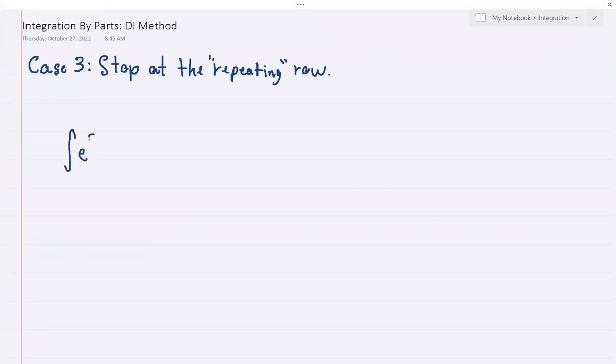The integral of e raised to 3x times sine x. So as usual, by parts. For me, I'm going to pick sine x in here, and the integral here would be e raised to 3x. Positive, negative, positive, negative.